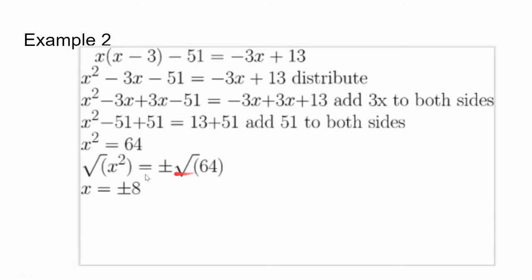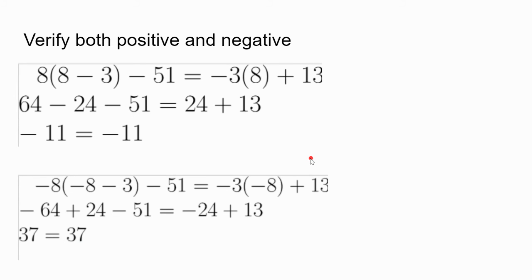Find the square root of both sides. Square root of x squared is x. The square root of 64 is 8. Now, it could be a positive or negative 8, but that's something we're going to worry about at a later time. We're generally just worrying about positive answers this year. I can verify, though, both positive and negative.